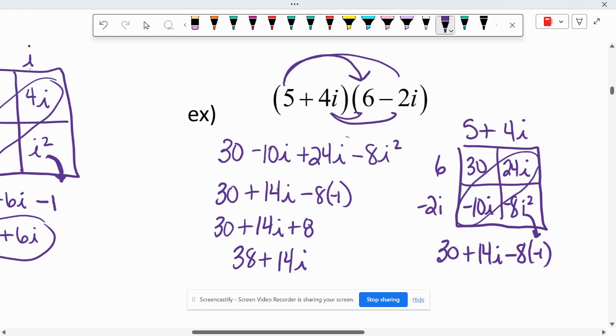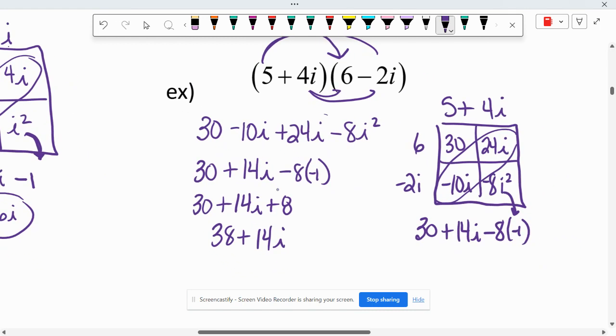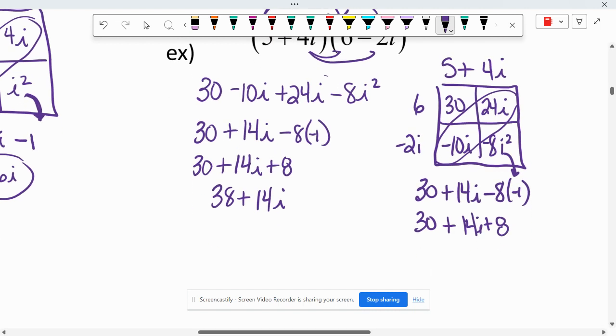So this is what you get when you do it that way. You end up with this negative 8 times negative 1, which is what? It's a positive 8. So you get 30 plus 8, which is 38 plus 14i.